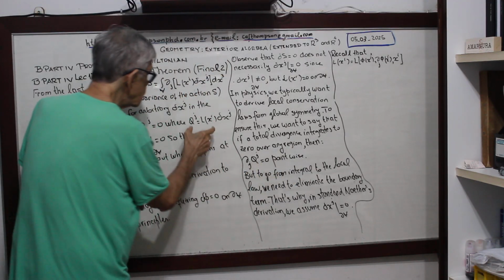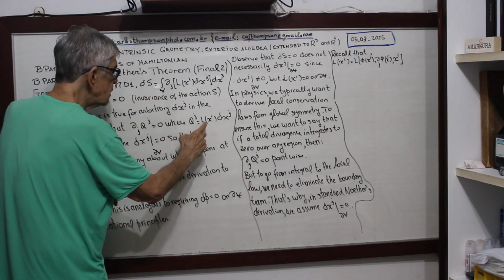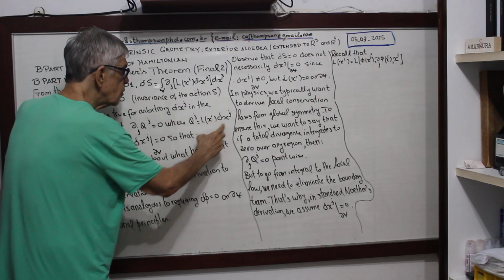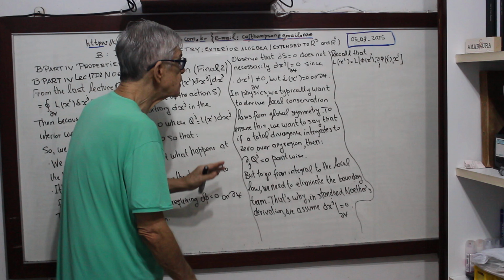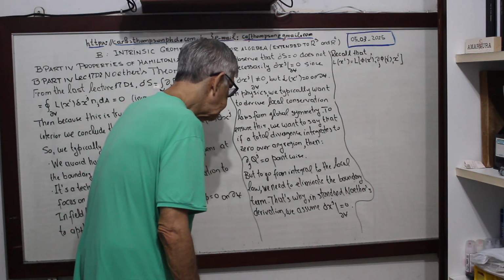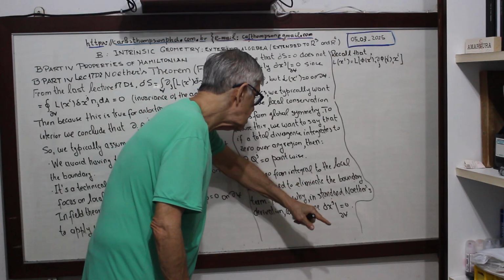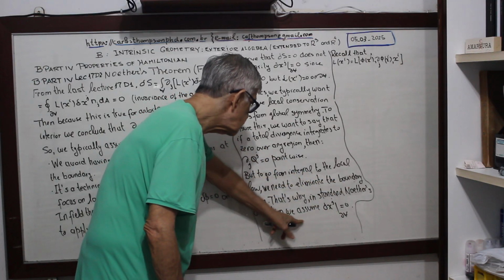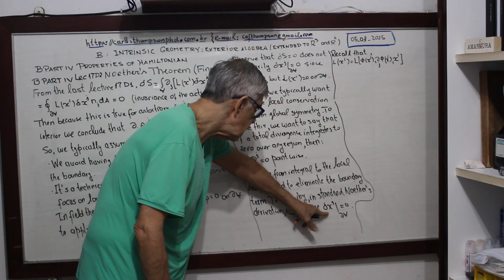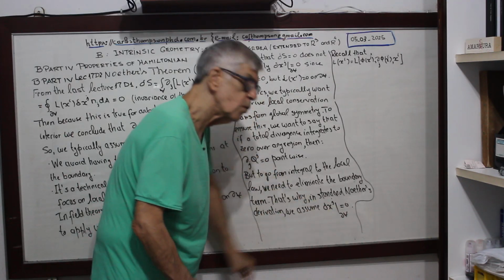What is Qj? You just look at here: Qj is the Lagrangian ξ delta xj. That's important here. That's why in the standard Noether theorem, we assume that delta xj on the boundary is equal to 0.